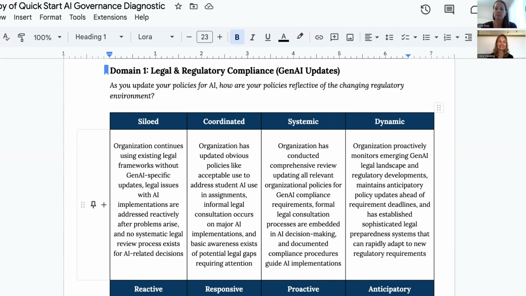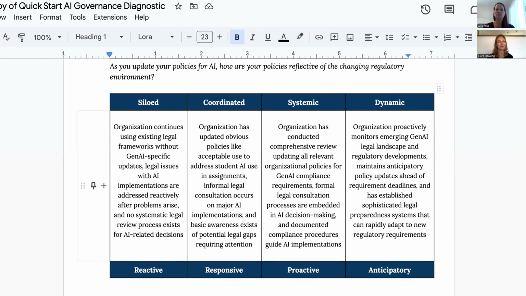This is often done at the school leadership and district level in collaboration with legal advisory or attorneys who are helping schools identify where they are on their journey, and whether you're using existing legal frameworks or whether you are dynamic and moving into this emerging landscape of regulation and more anticipatory in that work.